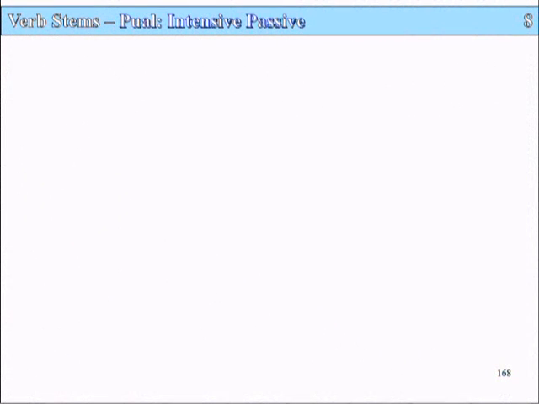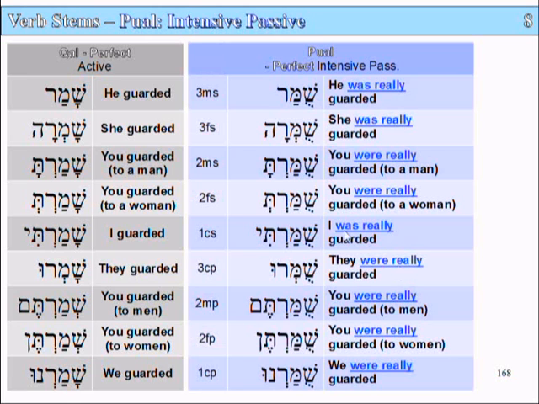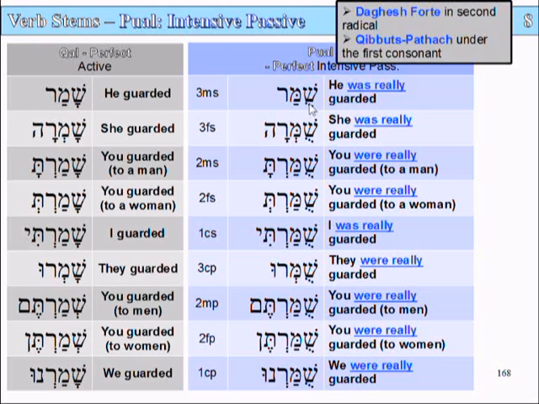Slide 168. Lesson 8. Verb stems. Pual. The intensive passive verb stem. Let's compare the Qal perfect simple active verb stem with the Pual. The basic difference is that we have this kibbutz on the first consonant and a dagesh forte in the second radical, second letter of the verb here.